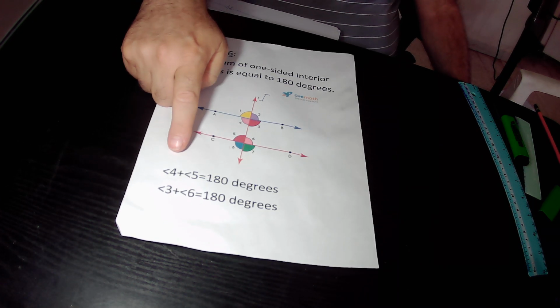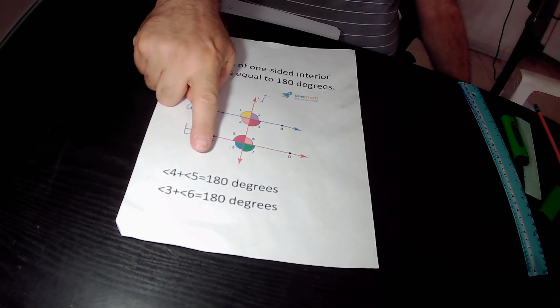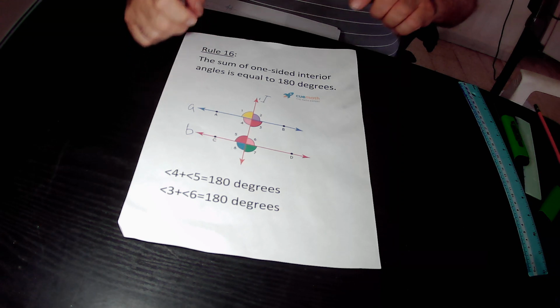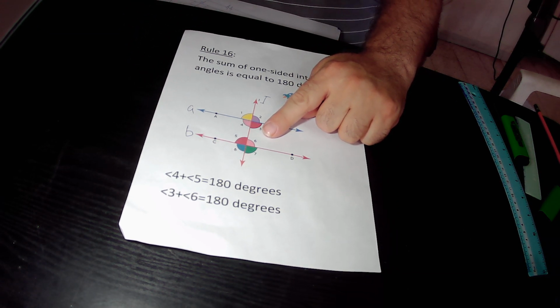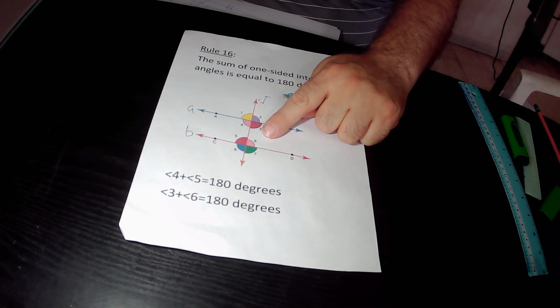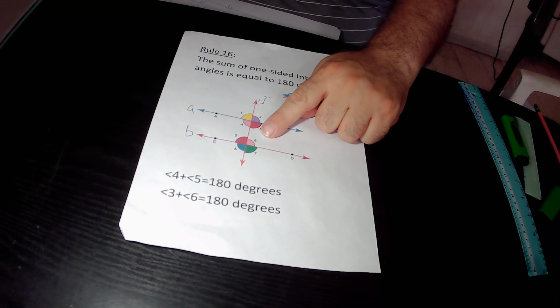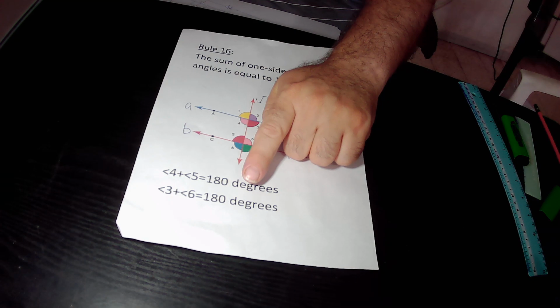Here, angle 4 plus angle 5 is equal to 180 degrees according to Rule 16. Likewise, those two angles 3 and 6 are both one-sided interior angles, and therefore the sum of them according to Rule 16 is equal to 180 degrees. Okay? Angle 3 plus angle 6 is equal to 180 degrees according to Rule 16.